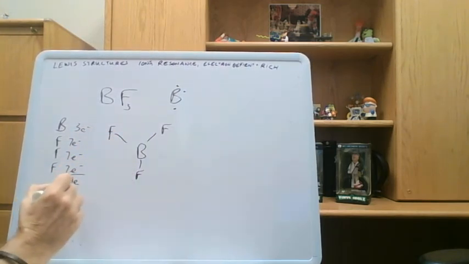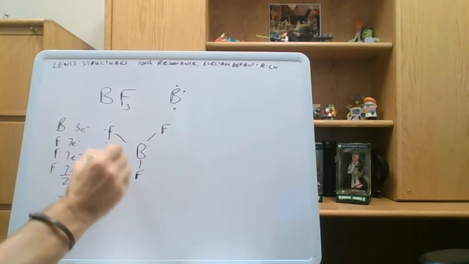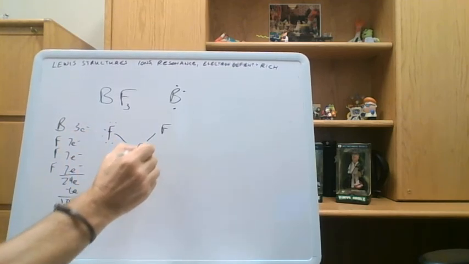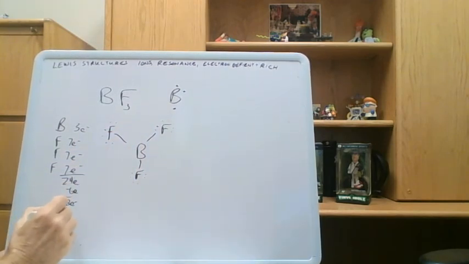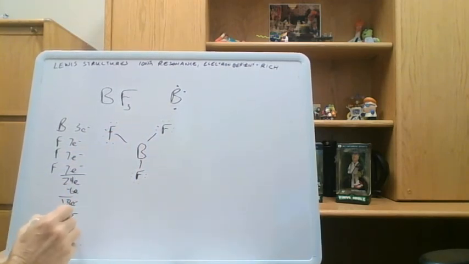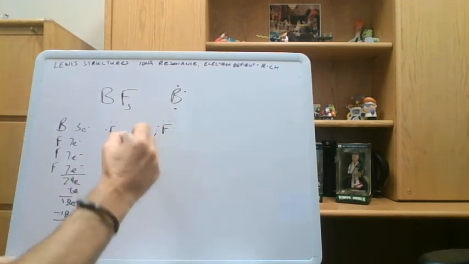And that used 2, 4, 6 electrons. That leaves us with 18 electrons. They're going to go around the terminal atoms. Each of these fluorines can take 6 more. And that's all 18 electrons. Right? And so this is our final Lewis structure, where boron only has 6 around it.